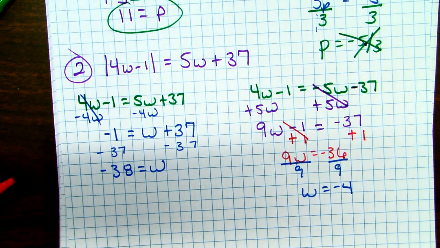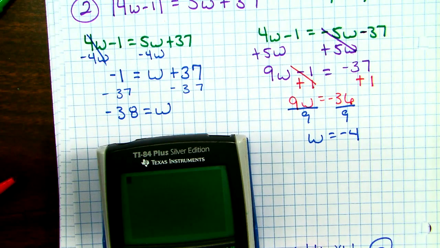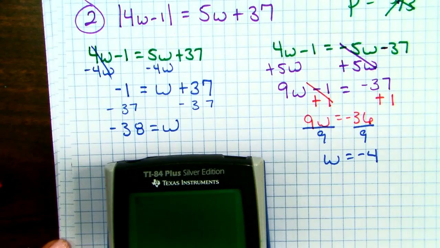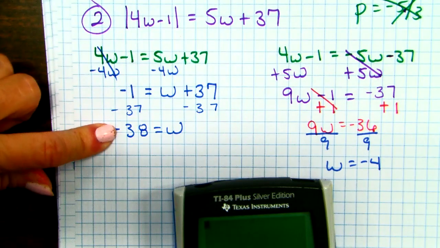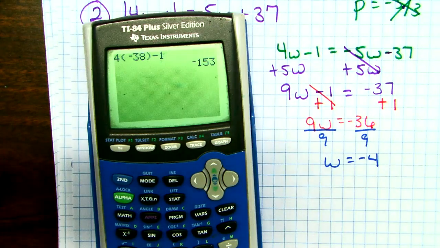And I pick up my calculator. It's great practice on putting stuff in the calculator. So I'm just going back to the original equation. And on the left side, I'll start with the negative 38: 4 times negative 38 minus 1. And I get a negative answer, negative 153.